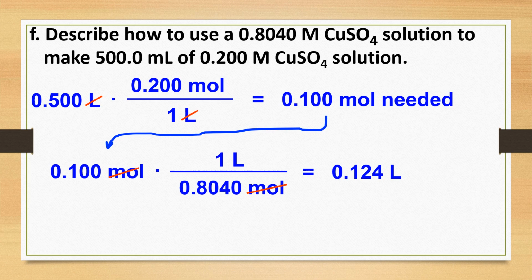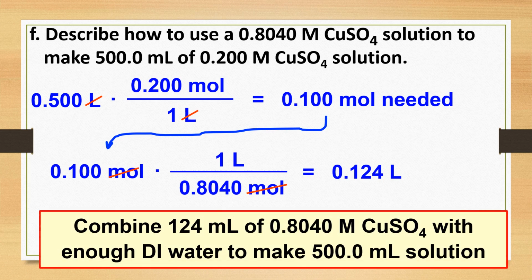This is how you would use your normal calculations to calculate a dilution. Imagine you are in the lab: you combine 124 milliliters of your original stock solution and dilute it to 500 milliliters. Then you would have the 0.2 molarity copper sulfate solution.